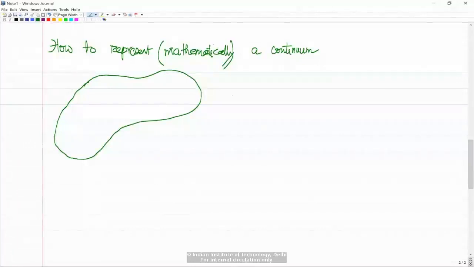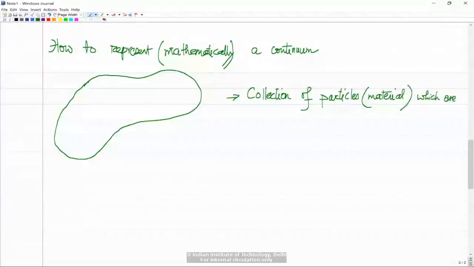So we can think of it as a collection of particles, and somewhere they also say material particles, with the underlying assumption that these particles are present in a continuous fashion.